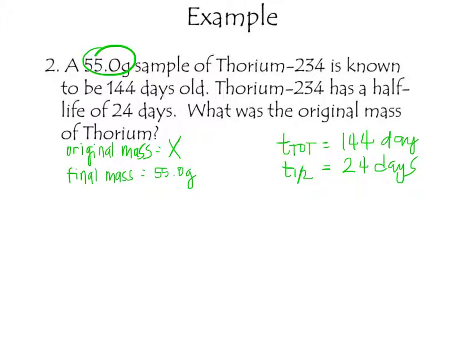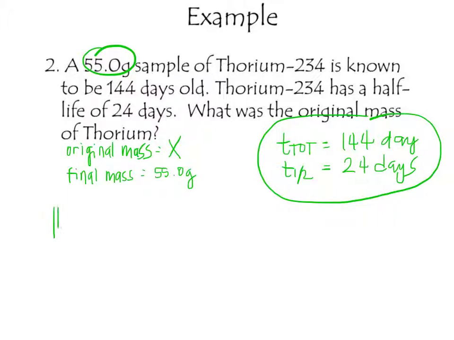Now, we aren't given the number of half-lives the element goes through. We actually have to solve for it in this problem. And in order to do so, we are going to take the information about how old it is and what the actual half-life is.